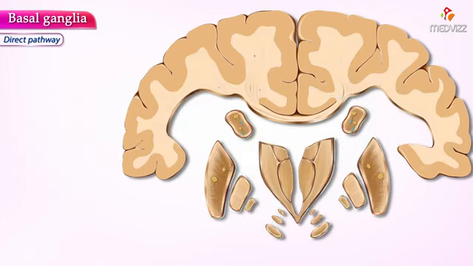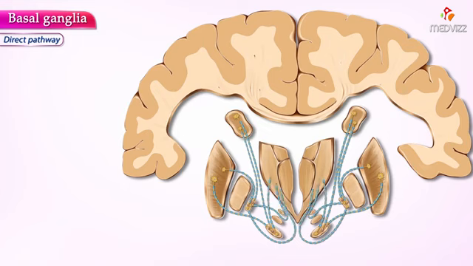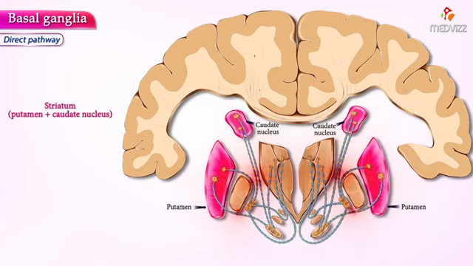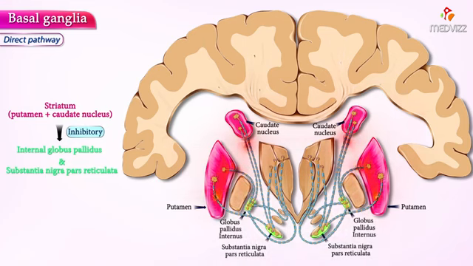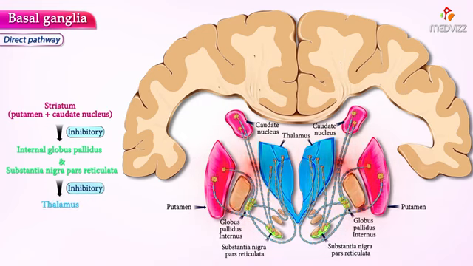Well, because two of the inhibitory synapses are connected one after another, the first inhibitory neuron, which is the striatum, suppresses the activity of the second inhibitory neuron, which is the globus pallidus. Due to this, there will be a reduction of the inhibitory influence of the globus pallidus on the thalamus.